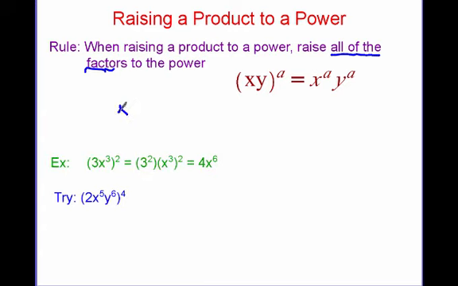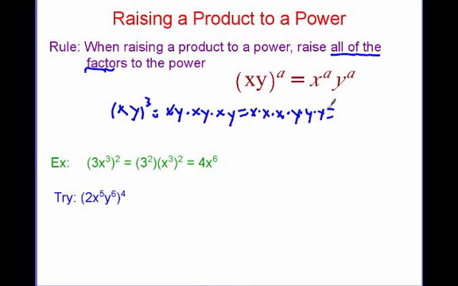If I said xy cubed, well, that's xy times xy times xy, which I could rewrite using the commutative property as x times x times x times y times y times y, which is x to the 3rd power times y to the 3rd power. Showing exactly what I said up here: xy to the 3rd is x to the 3rd, y to the 3rd. It's pretty simple.